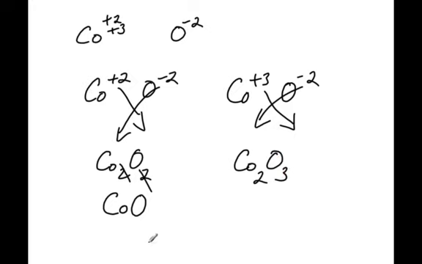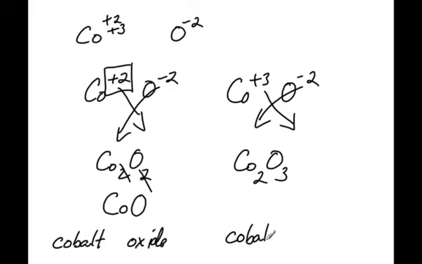When we name this, we're using something called the stock system, and it's a nice system. It's clean because it makes use of this charge on the metal. And we write it like this. So before we named the metal and then changed our non-metal to an ide, it's the same sort of thing here. So this is still cobalt oxide, and this would be cobalt oxide.